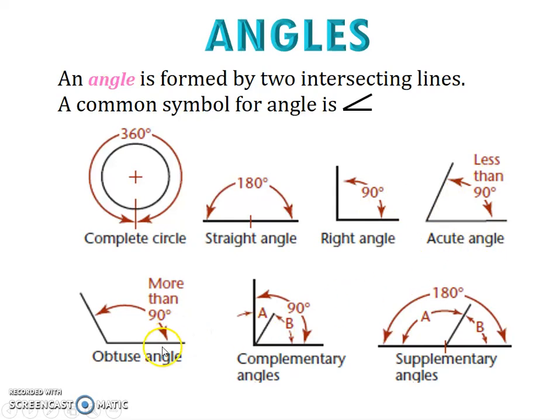More than 90 degrees is called an obtuse angle. If two angles combined together make 90 degrees, we call them complementary angles, while if angles A and B combined become 180 degrees, we call them supplementary angles.